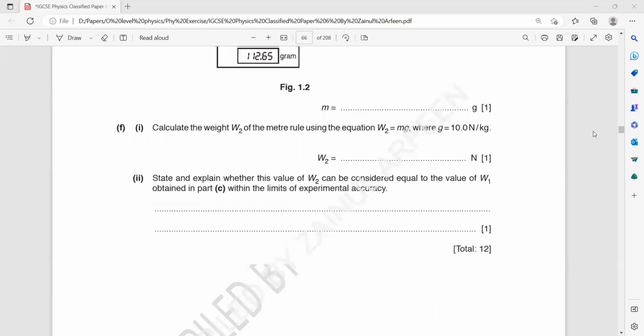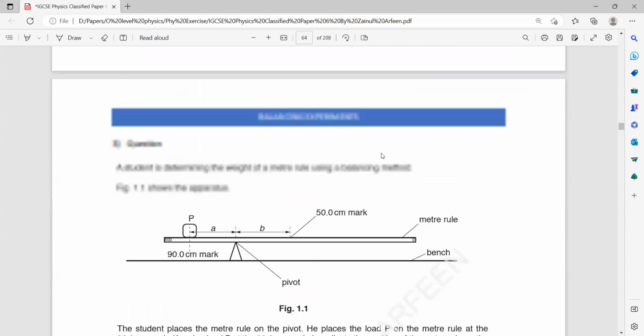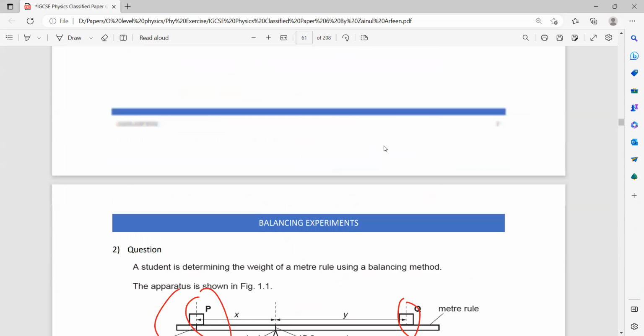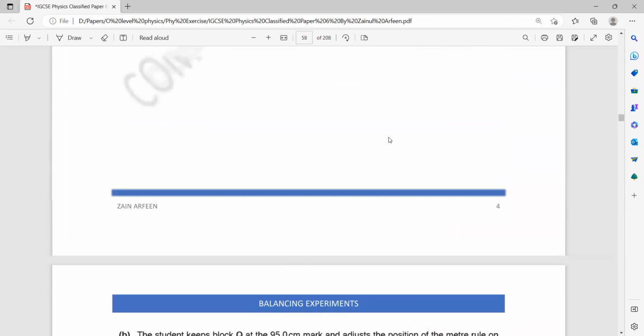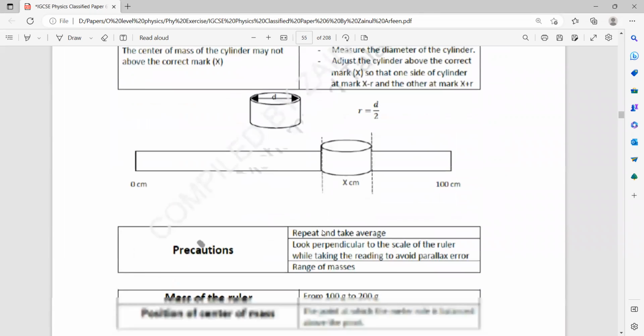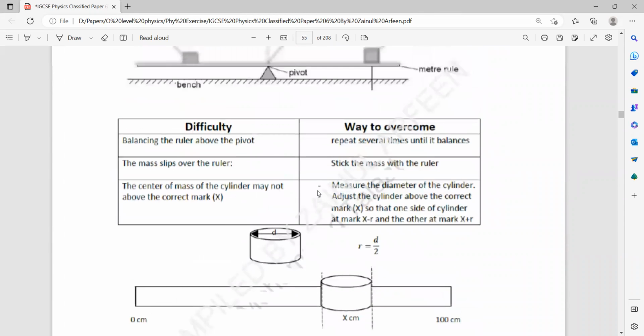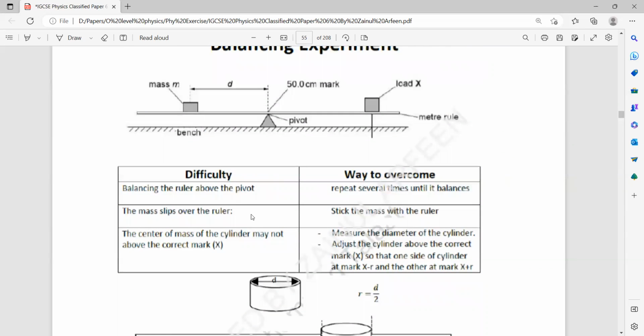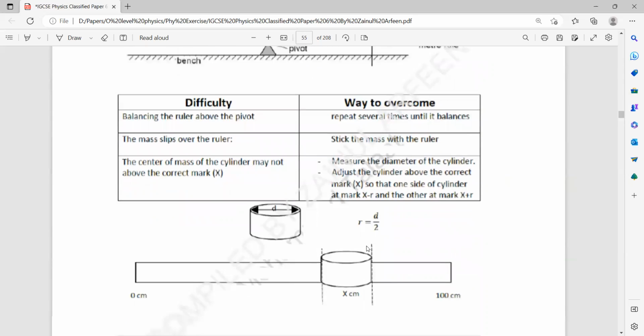This is the same question. If you check the notes which are given related to the topic, in the beginning of the topic, these are the notes given. Like for example, how we show that difficulties are there. The center of mass of a cylinder may not be above X. So how do you estimate?